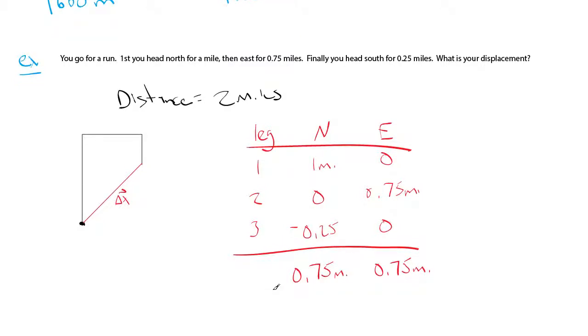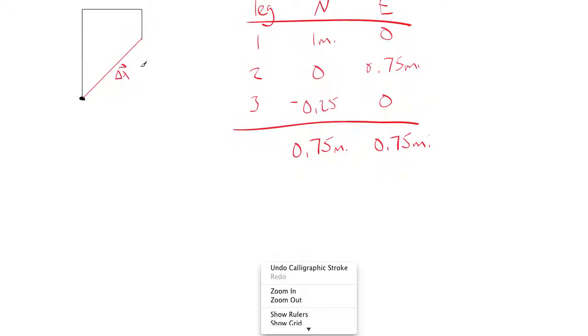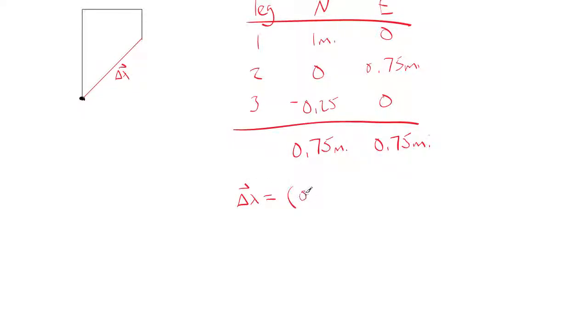The result of what I've done is I've calculated a vector delta x, my vector displacement, and I can write this a couple different ways. One of the ways that I can write it is like this. This is a vector as I've written it, where the first number represents how far I've gone north and the second one represents how far I've gone east.